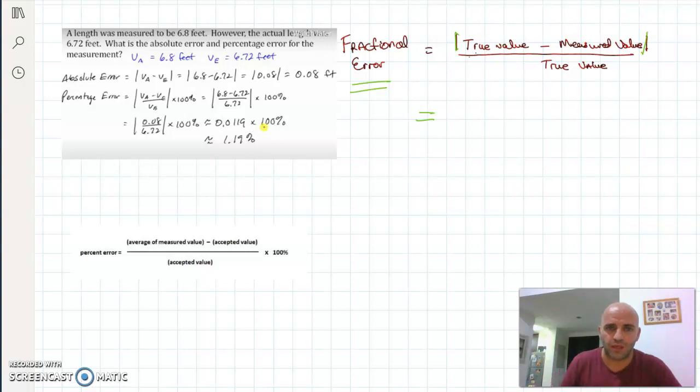So you can see there that the true value, which was 6.72, it doesn't really make a difference about the order either, because you're getting the absolute value of it. It doesn't matter if the big one comes first or second, because it'll always work out to be positive. So he's actually put the measured one first, but I'll do it the other way around.